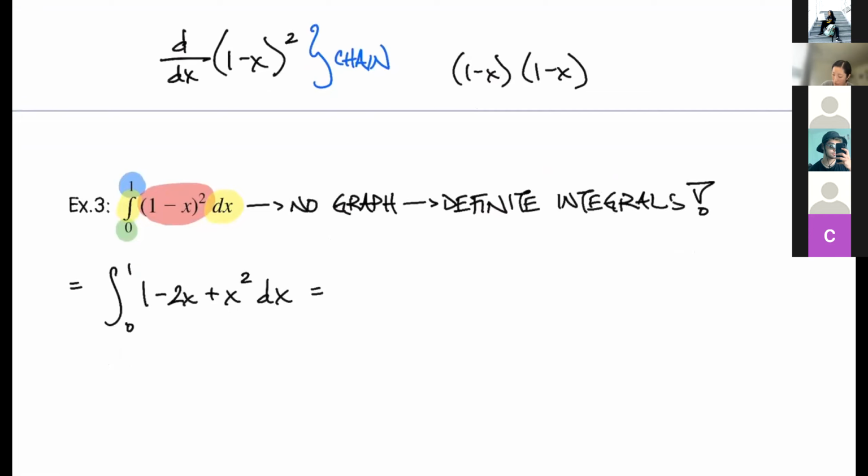Now let's take our antiderivative. I'm going to take the antiderivative of each part. Then I'm going to put those brackets around them again. I'm going to draw the little line at the corner with the 0 to 1.